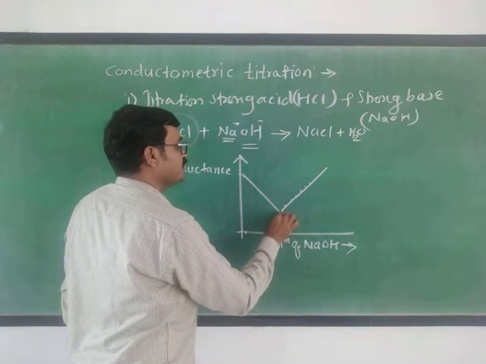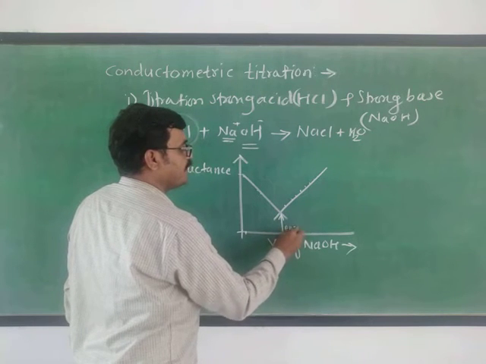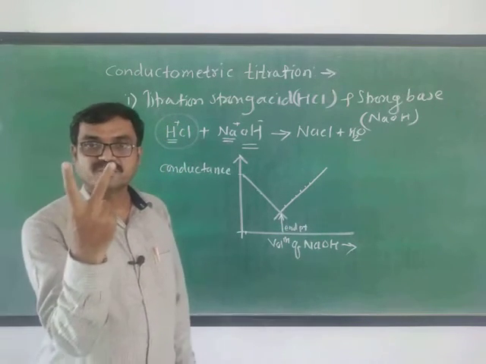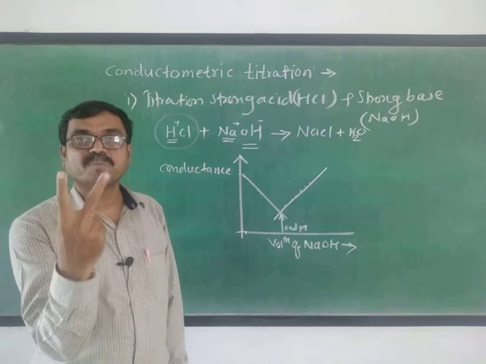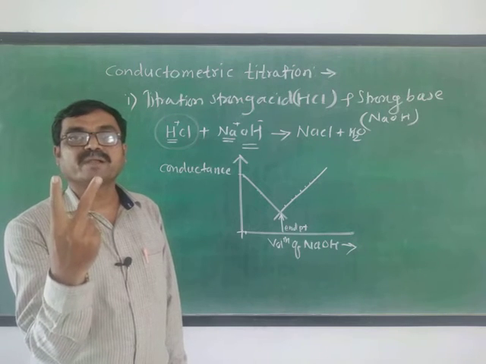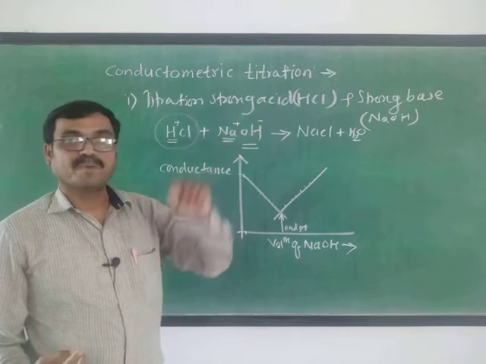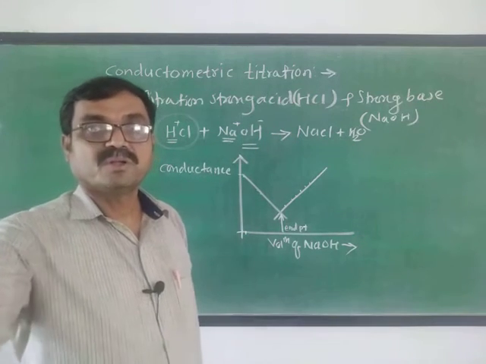This point is called the end point of this conductometric titration, and this V-shaped curve is obtained during the conductometric titration of strong acid HCl and strong base NaOH.